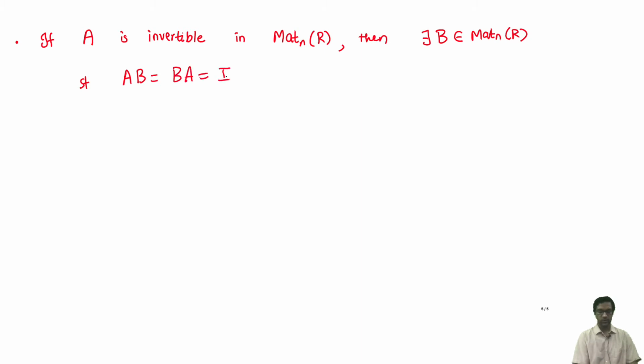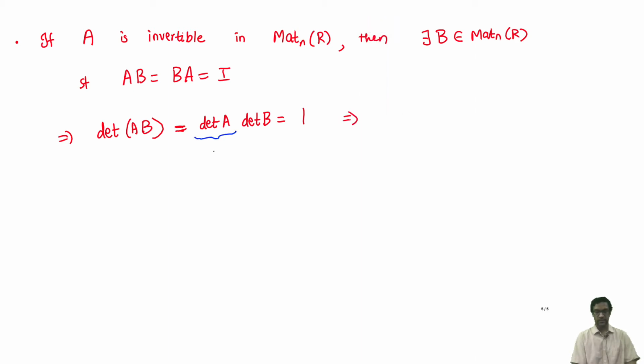Now we use the property of determinants, that the determinant of AB is the determinant of A times the determinant of B. So this is det A det B, and the determinant of the identity is just 1, the product of the diagonal values. Now recall everything is in the ring R; all this action is taking place inside the ring R. This is a ring element, and this is a ring element.